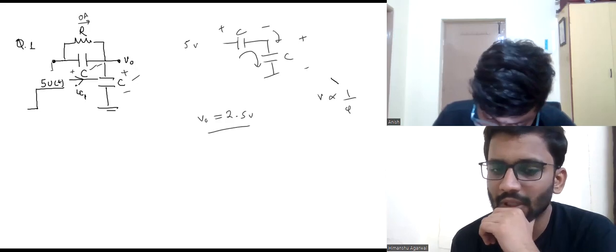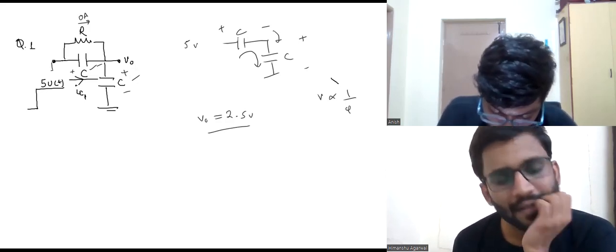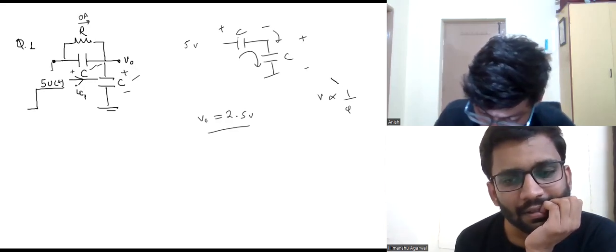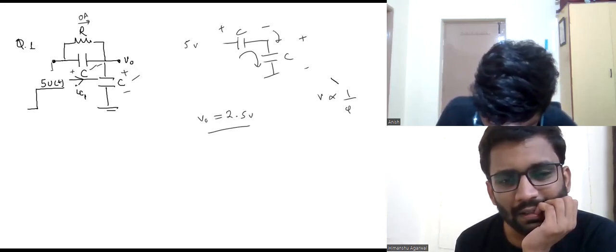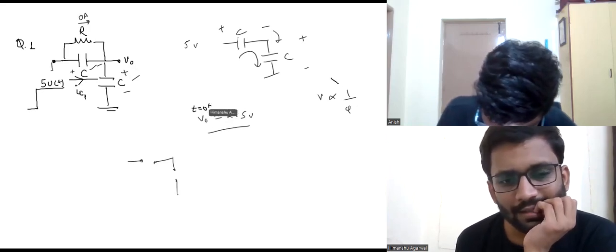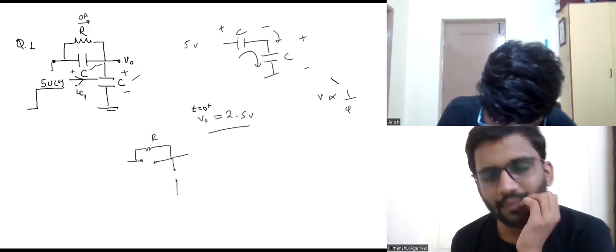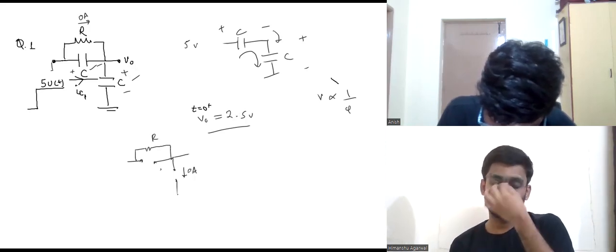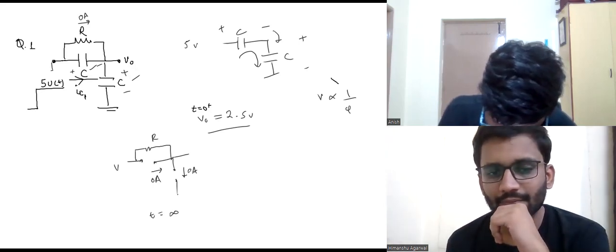Now at steady state, both of these caps will have 0 current through them because the change in voltage will be 0. So the circuit will look something like this: this is R, current is 0 through here and 0 through here. This is t equals infinity, at steady state, and this is VI.